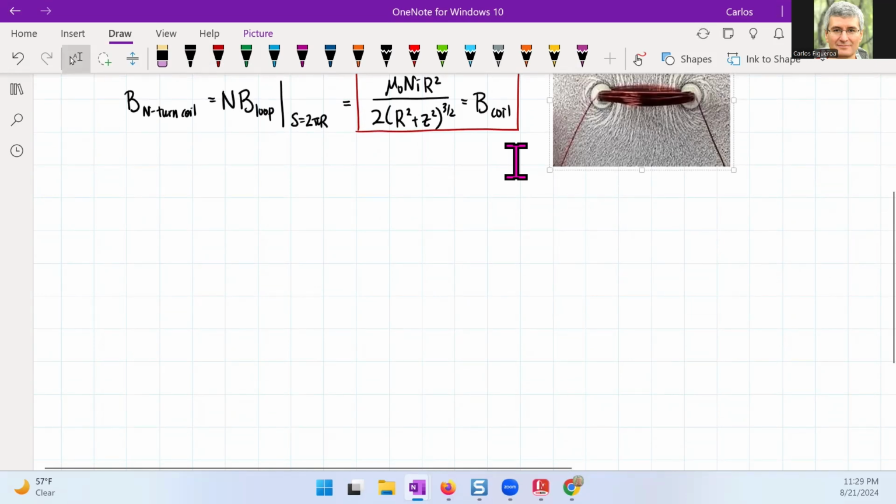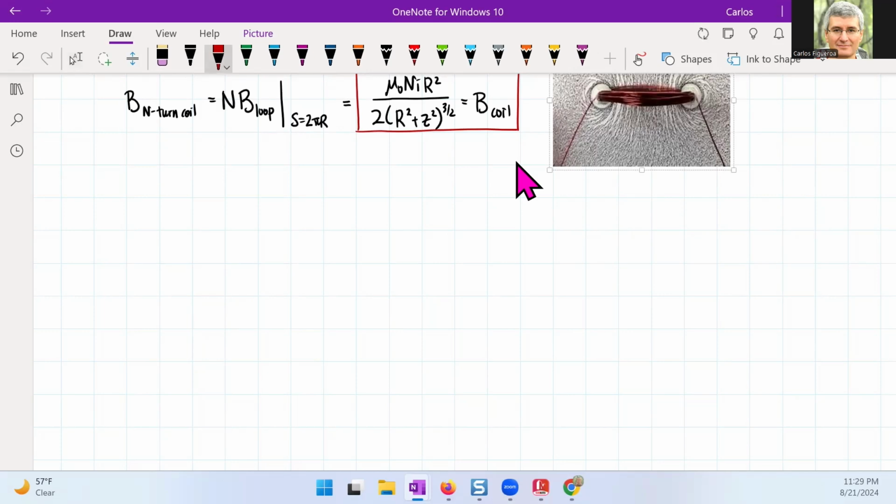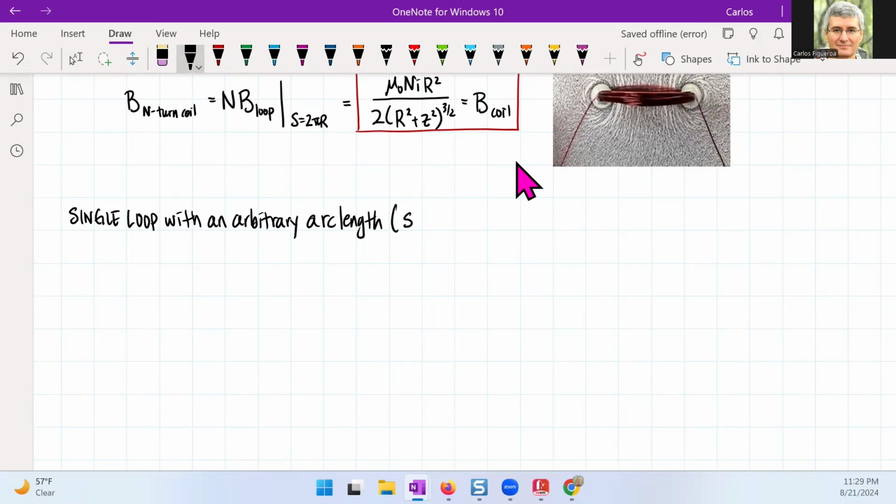Another one that's used a lot in physics is if you have a single loop with an arbitrary arc length. Now, just to remind you, the arc length is r times theta.